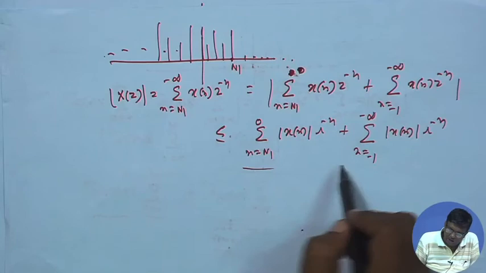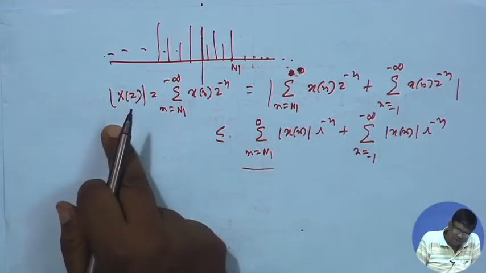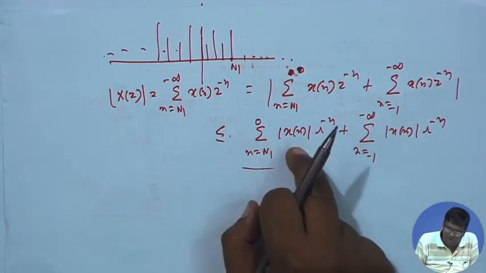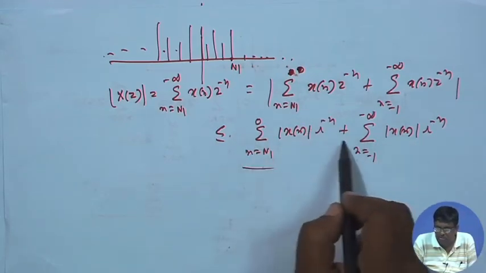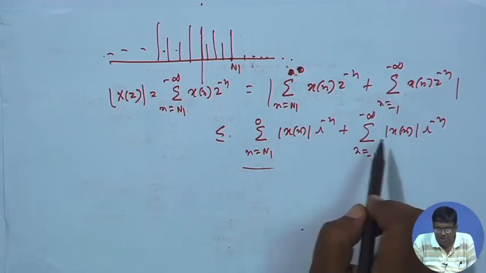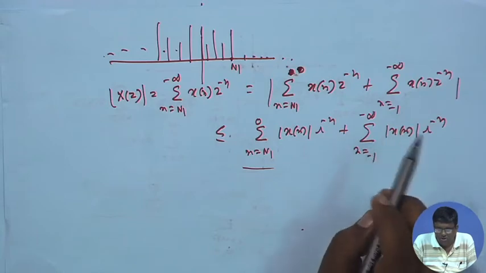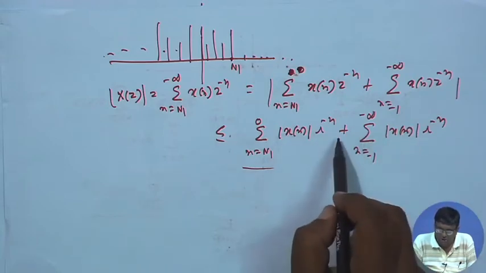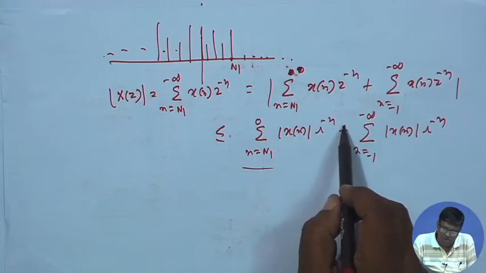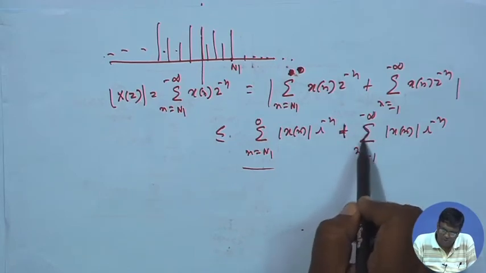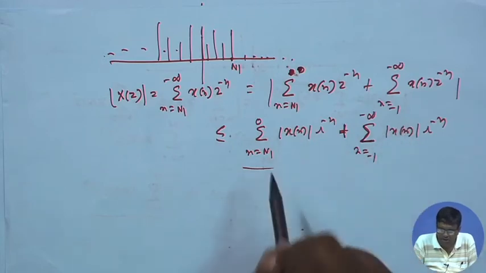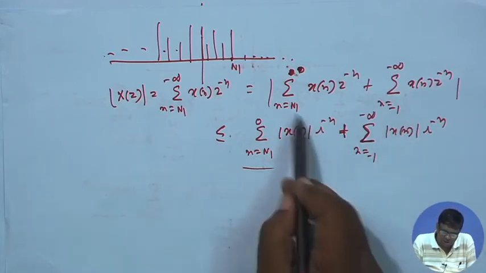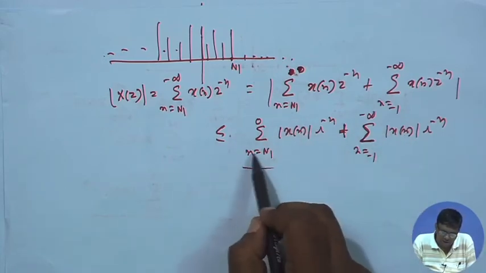So, if this is finite, this is finite, none of them should be infinity, and they are both positive. So, it cannot happen that this is plus infinity and this is minus infinity and they cancel. Okay, there is a positive sign here, right. That is not possible. Now, this is the finite sum, n from n 1 to 0.